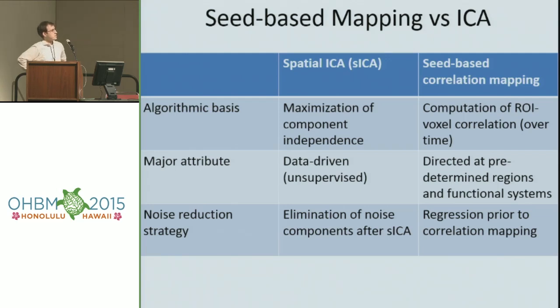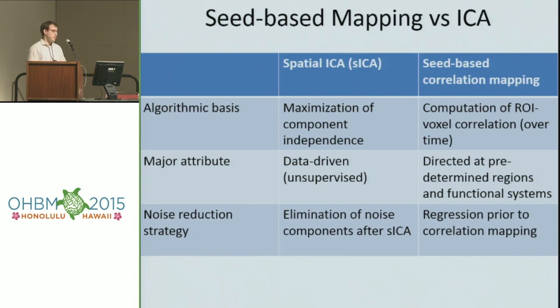So briefly to compare these methods, ICA is based around maximizing the independence of components that represent large amounts of variance in the data. On the other hand, seed-based correlation mapping is just the correlation of one seed with the rest of the brain. So it's essentially just looking at a single row of a voxel-wise correlation matrix, or whatever space your data is in.